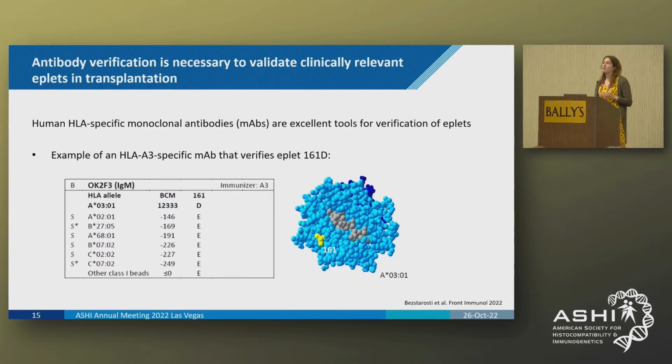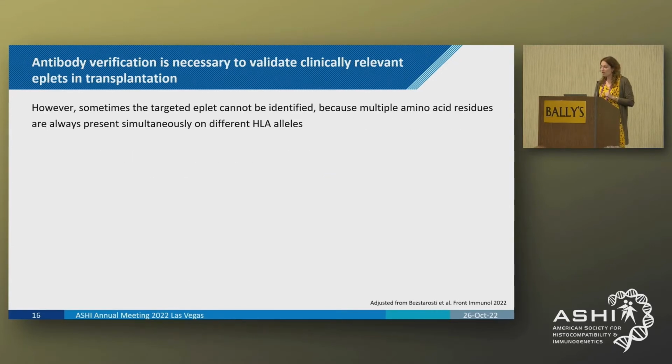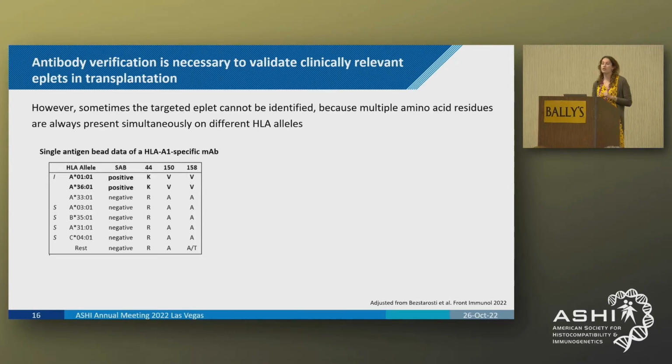But sometimes the analysis is not so straightforward as here. So sometimes we do not find only one amino acid that is shared by these reactive alleles. And this is an example of such a monoclonal antibody. So here we see a pattern of a HLA-A1 specific monoclonal antibody.